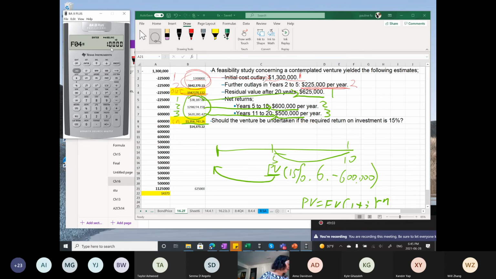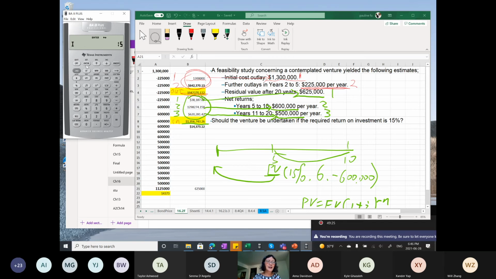So you have entered all the cash flows, and next you press the NPV button here, and it will ask for I. I means interest rate. The return is 15%, as given. So you type in 15 without the percentage sign.